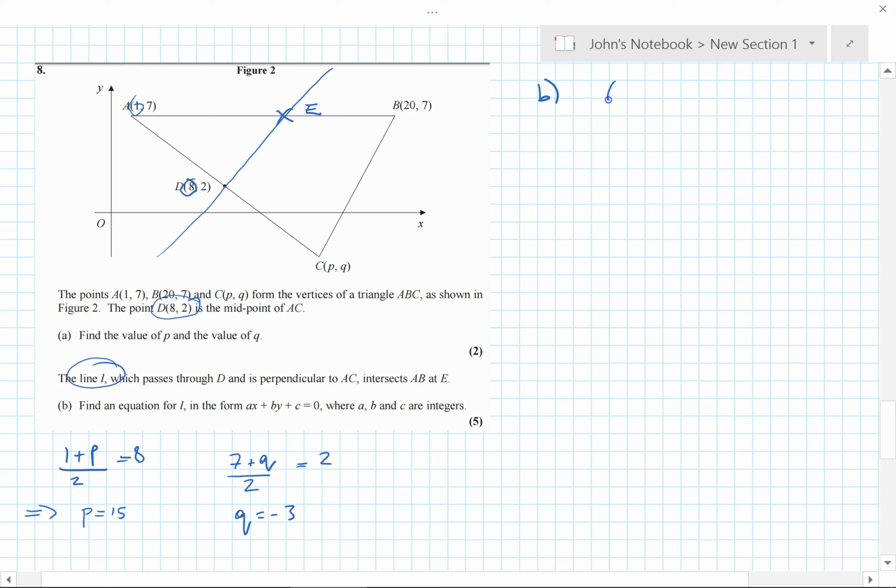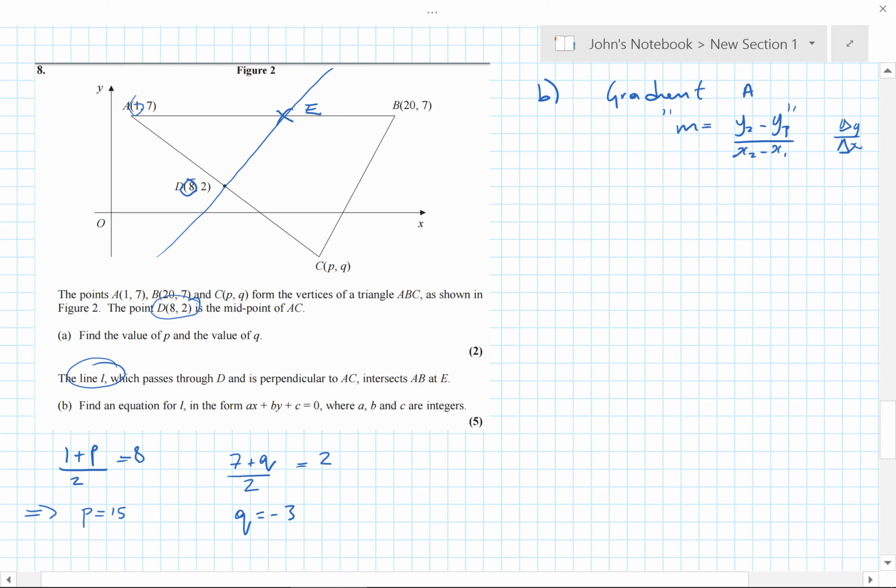We need the gradient of AC first of all, and the formula I'm going to use is m equals change in y over change in x, or call it delta y over delta x, whichever you prefer.